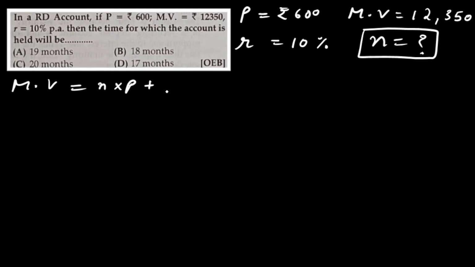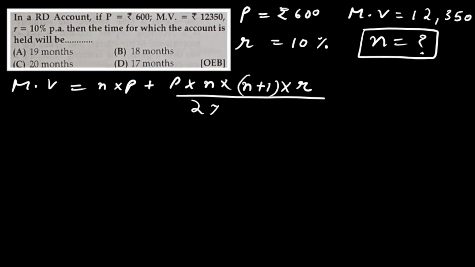So formulas are very important. Make sure you are memorizing each and every formula, because when you are writing the formula, it should be correctly written. So N into P plus I, at I's place I am writing its formula, P into N plus 1 into R by 2 into 12 into 100.